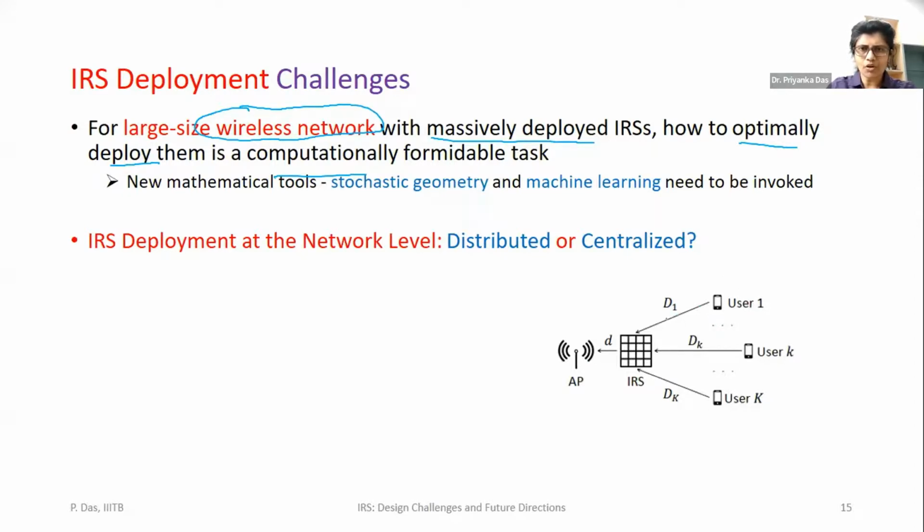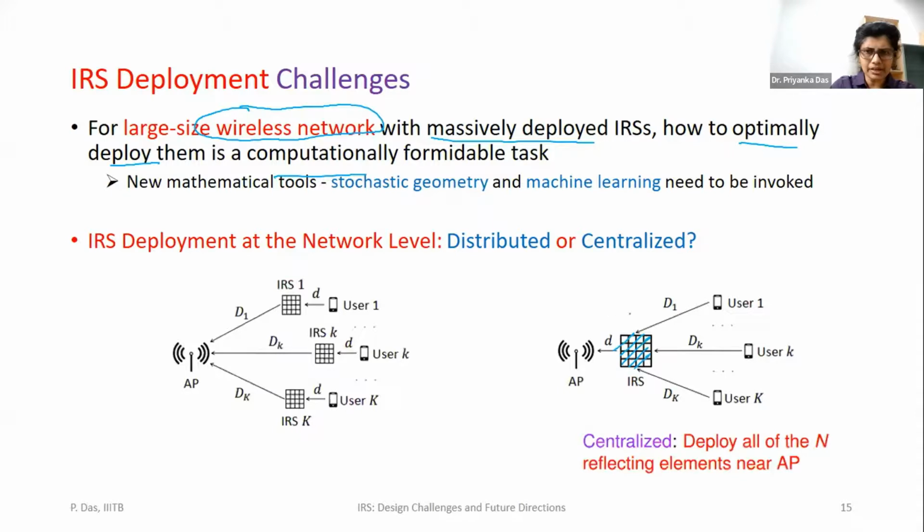Now you are talking about a centralized IRS. You are getting one IRS only. The centralized versus distributed scheme means you are partitioning the IRS. Let's say your total number of IRS elements is n, and these are now divided into n by k elements, and you place k of them.